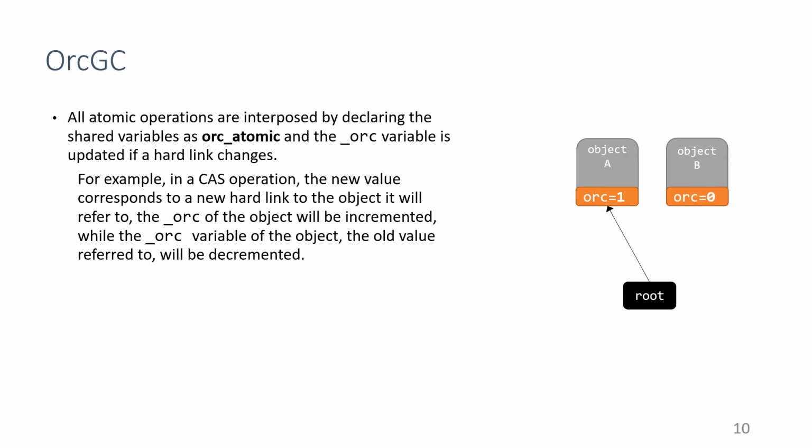We can see an example of the compare and swap operation: first the root pointer is pointing to object A and will change to refer to object B. This means one less hard link to object A and an extra hard link to object B. Also, every time a shared object is created, it must be by calling make_arc.